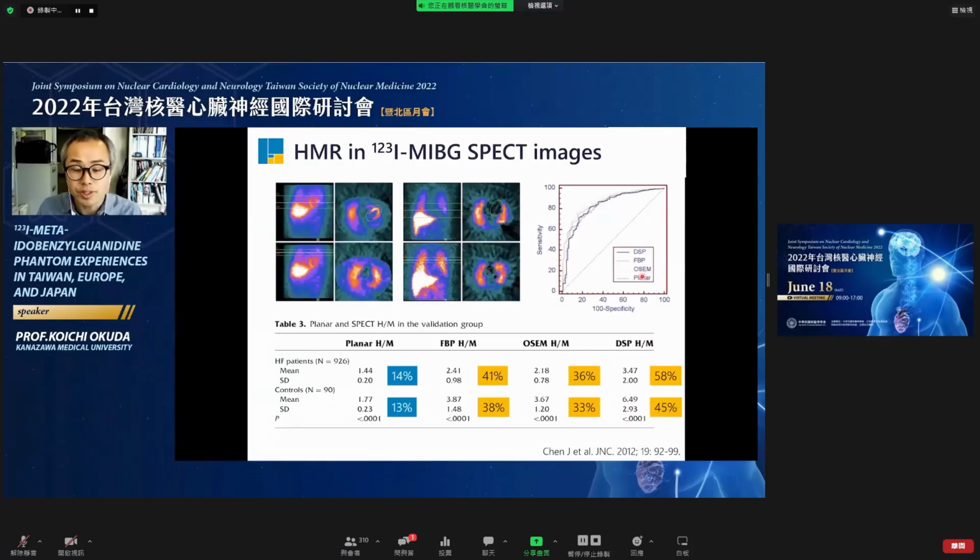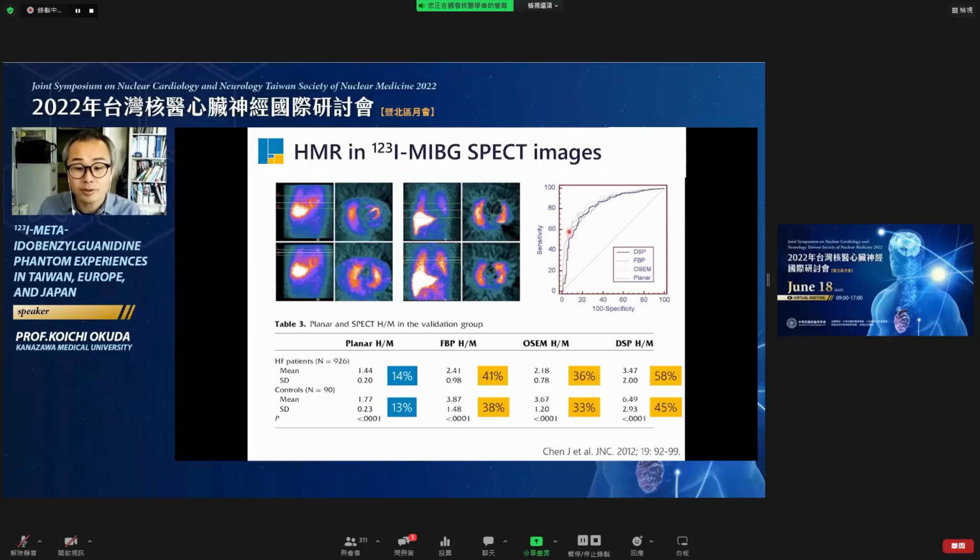Some researchers have reported on HMR in MIBG SPECT images. In this research, volumes of interest were set on the heart and the upper mediastinum. Then SPECT HMR was calculated.